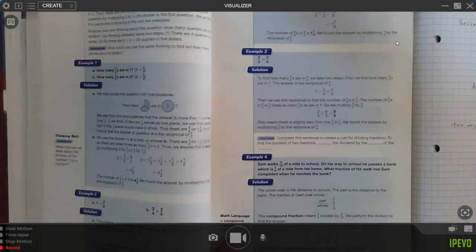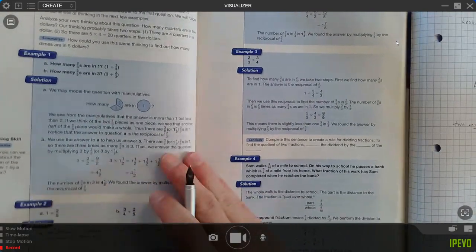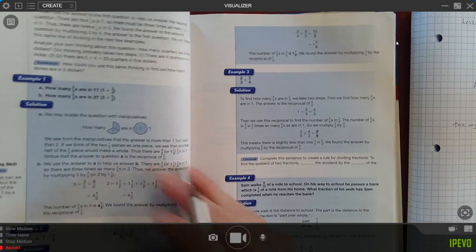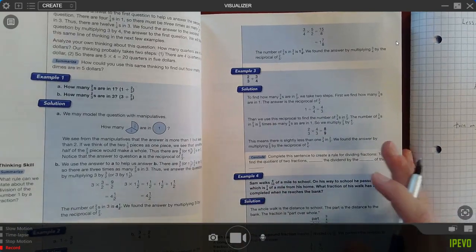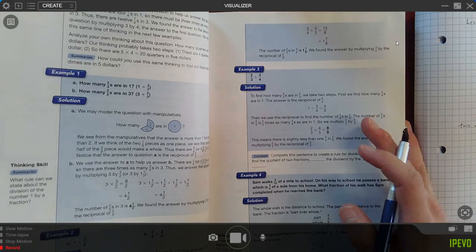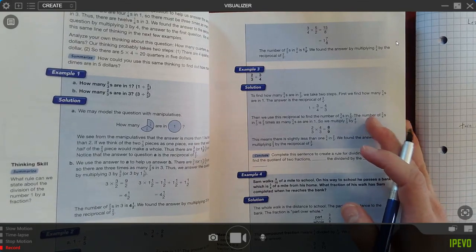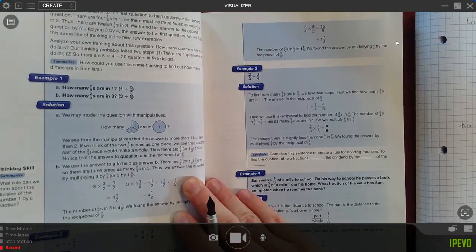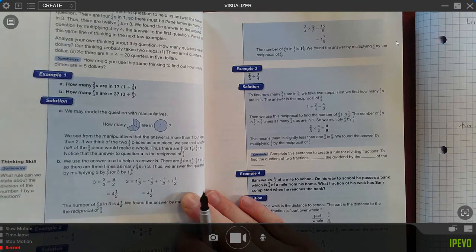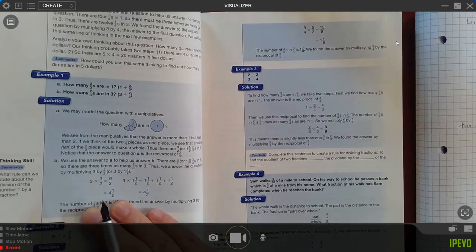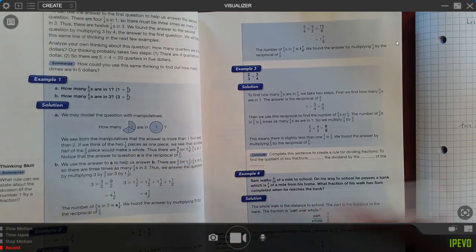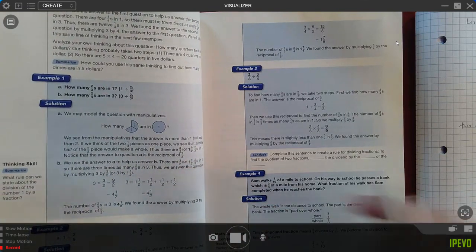So in this question, how many 2/3 are in 3? So 3 divided by 2/3. Let's see, what are they doing with the answers here? You can see from the manipulatives that the answer is more than 1 but less than 2. Think of 2 pieces.